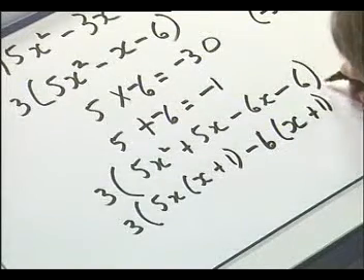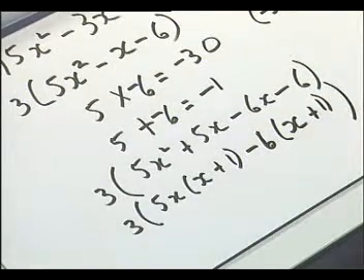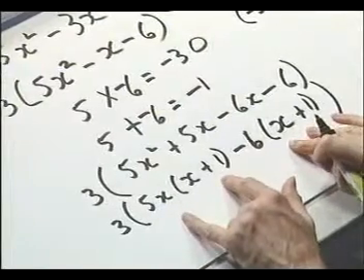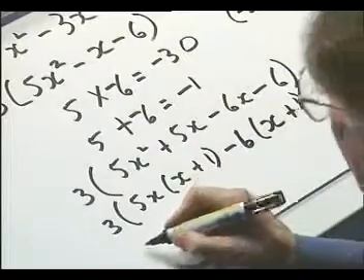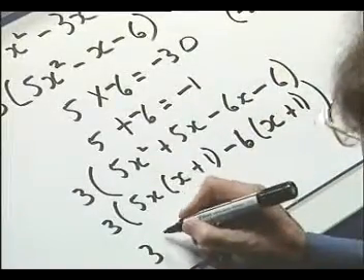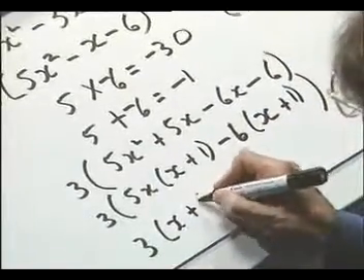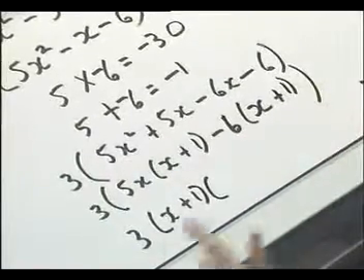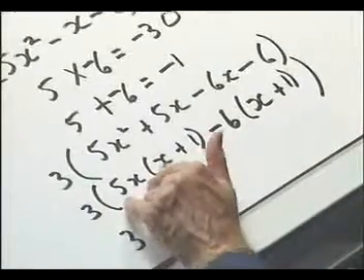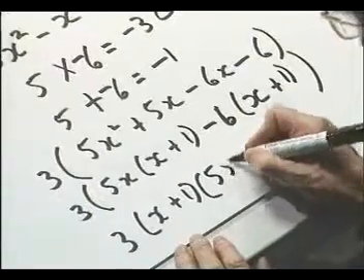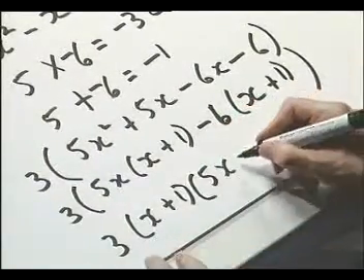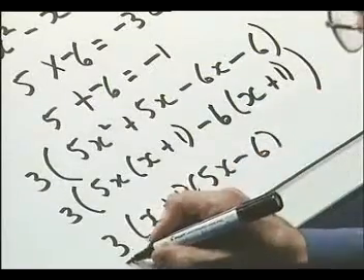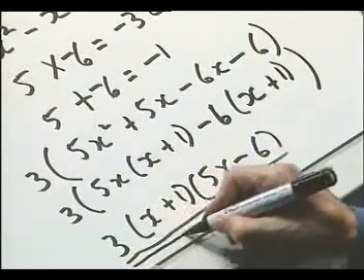And then I need to make sure I close the whole bracket with that big one there. Two lumps of algebra, each sharing this common factor of x plus 1. Let's take that out. 3 bracket x plus 1 times, and the x plus 1 times 5x, and the x plus 1 also times minus 6. And so we've completed that factorization.